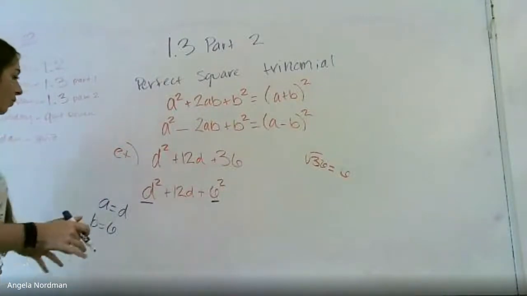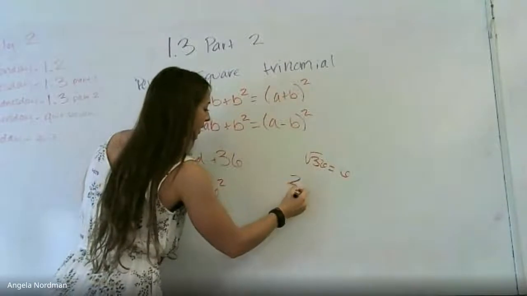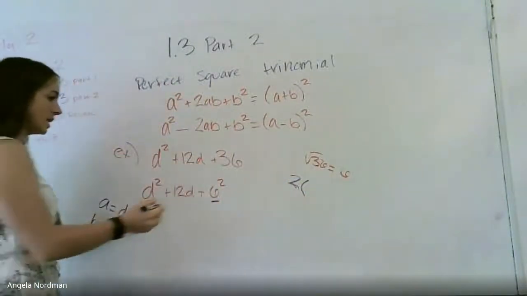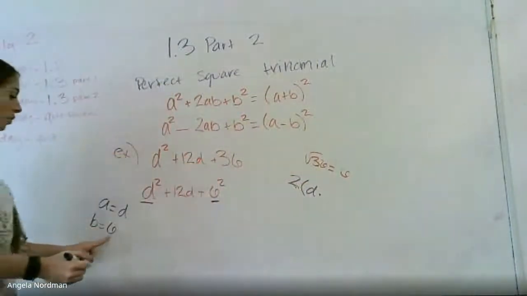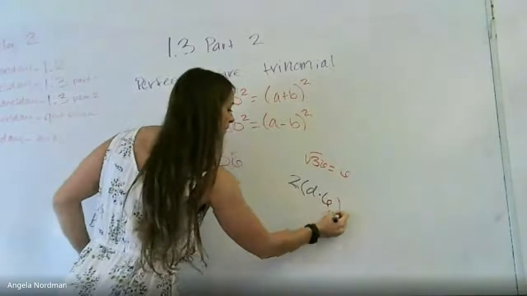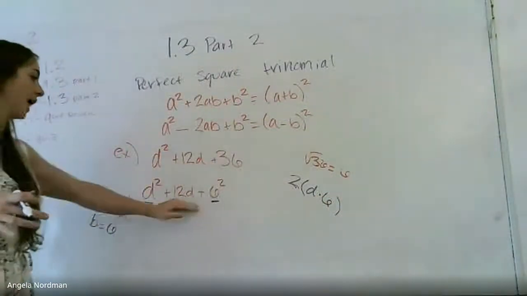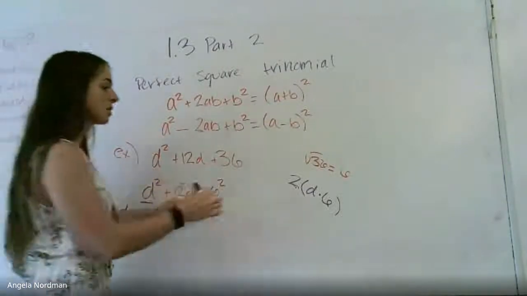So does that work out? Let's do this off to the side. If I had the number 2 multiplied by my a, which is d, times my b, which is 6, if I worked that out, does it all come to be actually 12d? This is like the determining factor, can I use this?